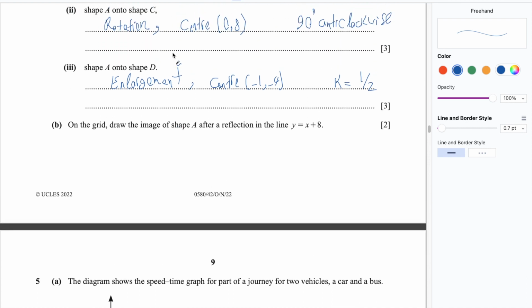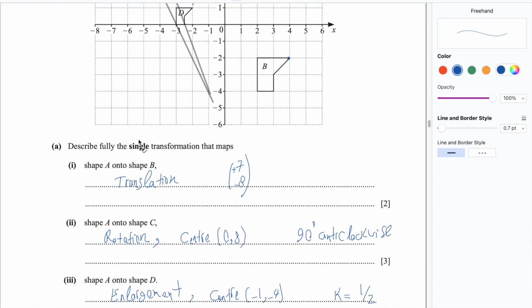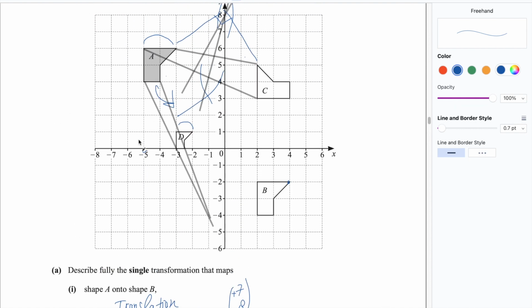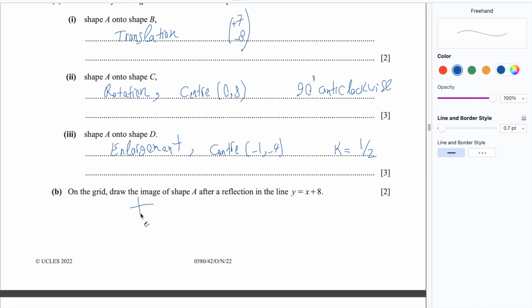Next, part B says on the grid, draw the image of shape A after reflection in the line y = x + 8. For y = x + 8, you can construct a table. For example, if you put x = 0, y will be 8. If you put y = 0, x will become -8.